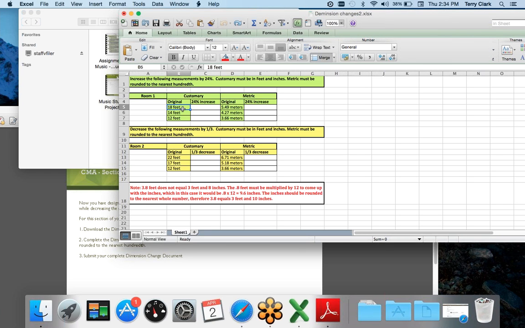So you got to fill in both of these. We got the feet here for the original, and then we got the meters, and both have to be increased. For your blueprint, you only have to choose one, but you got to fill in all of the blank spaces on the worksheet.